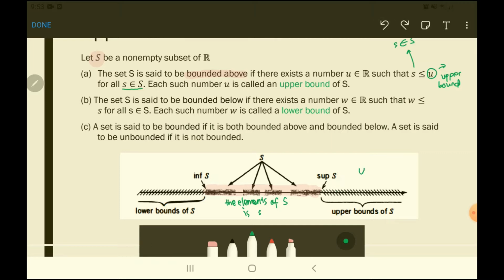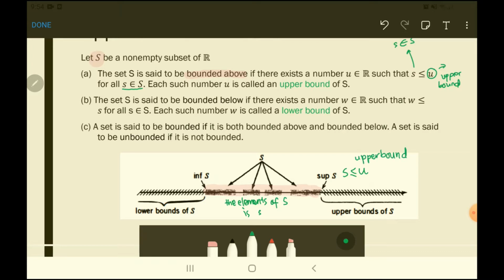Let's say I have U over here. Because S is here, U is greater than or equal to s. So U is the upper bound.